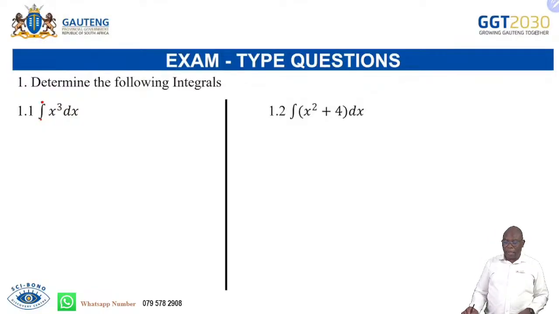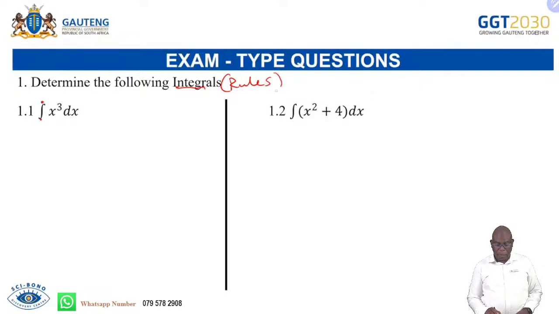So how do I get this integral, the first one, 1.1? How do I do this? I'll use the rules. Remember, for us to get the integrals, you must use the rules, the ones I was talking about earlier.